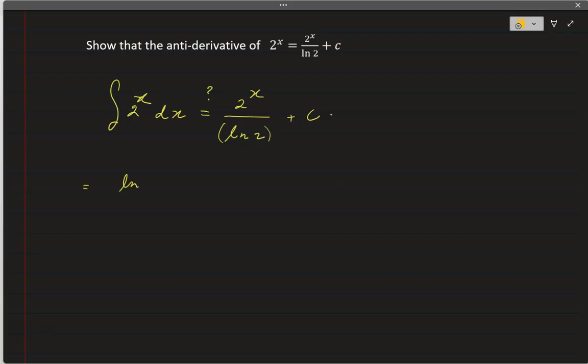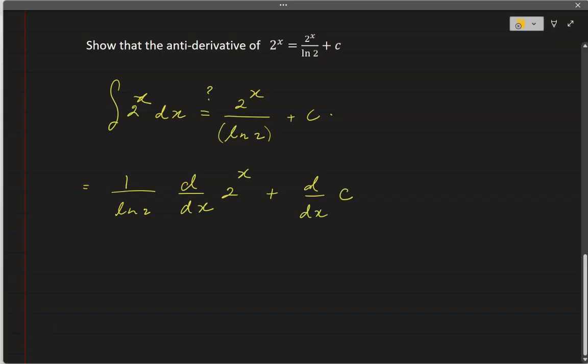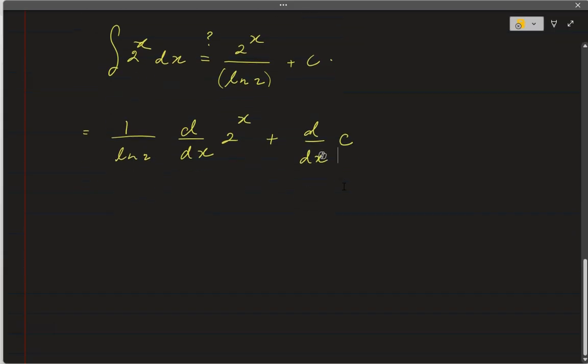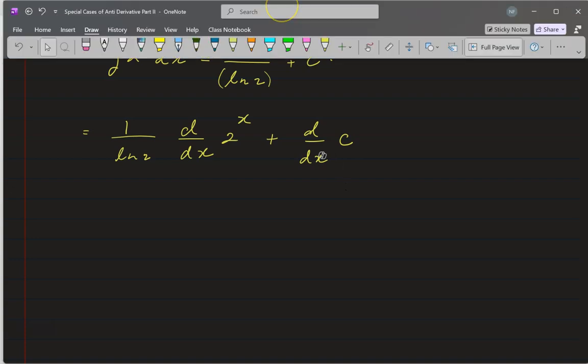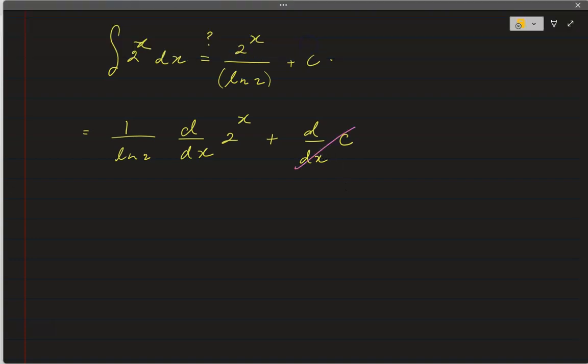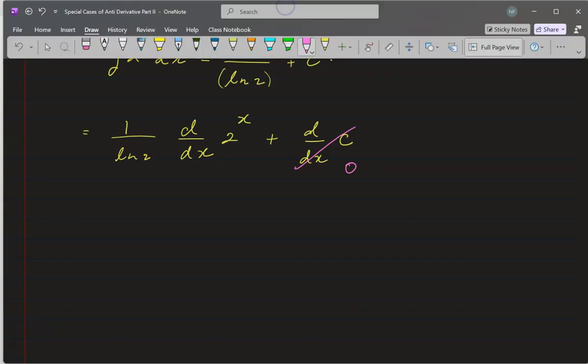Take the 1 over ln of 2 outside, so 1 over ln of 2 is outside, and then d dx of 2 to the x plus d dx of the constant c. Okay, we know that the derivative of a constant is 0, and that's not going to affect anything, so that's easy.